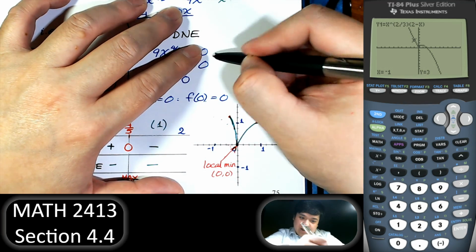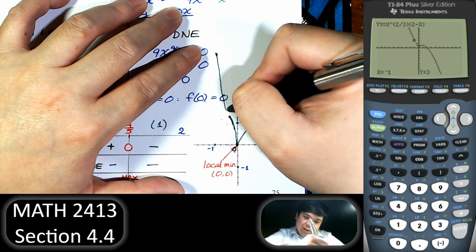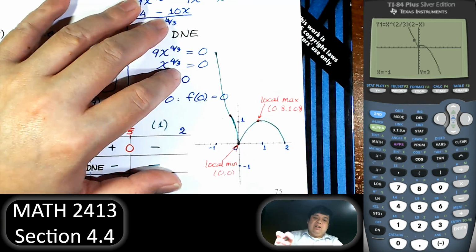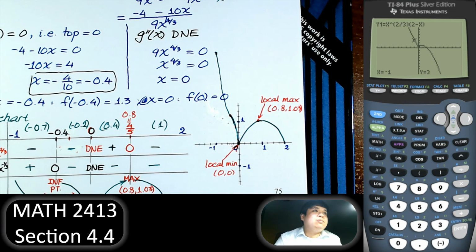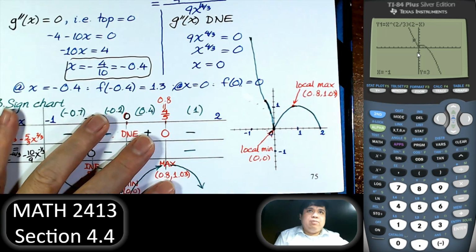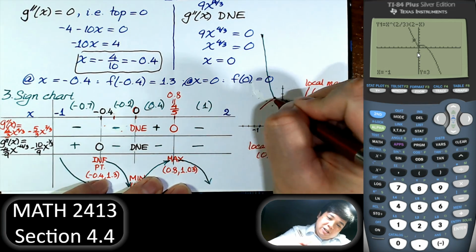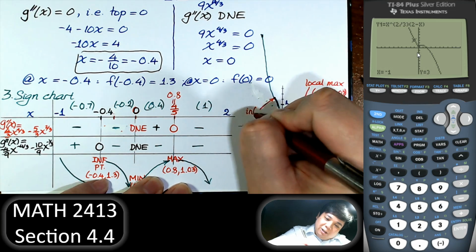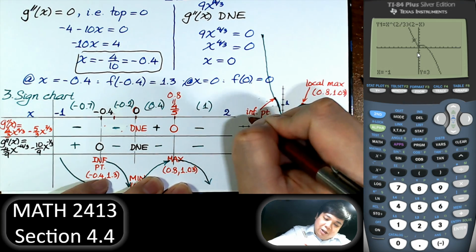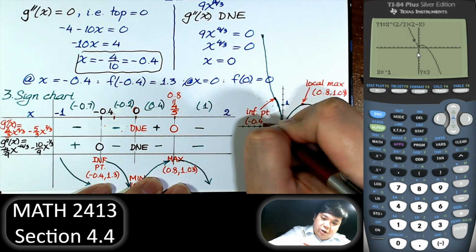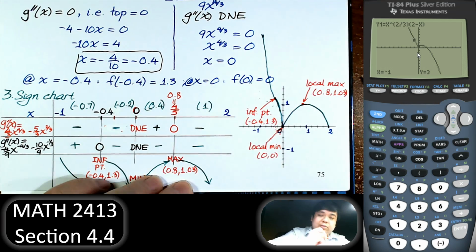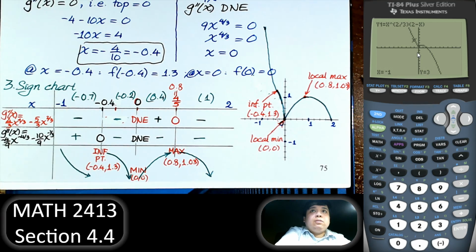Oh, yeah. Yeah, so the graph like that. Of course, that's what we have, similar to the graph there. So we have the inflection point of negative 0.4 and 1.3.